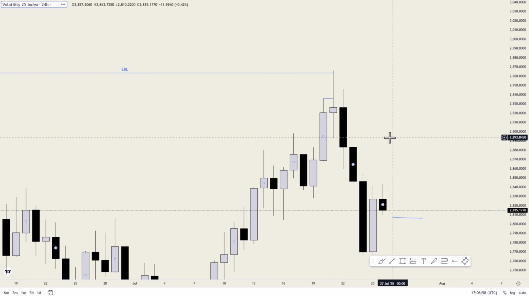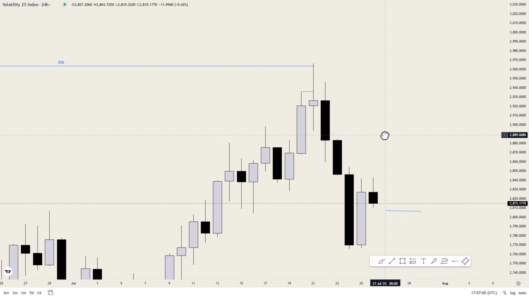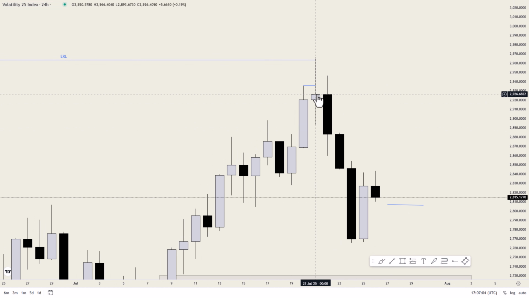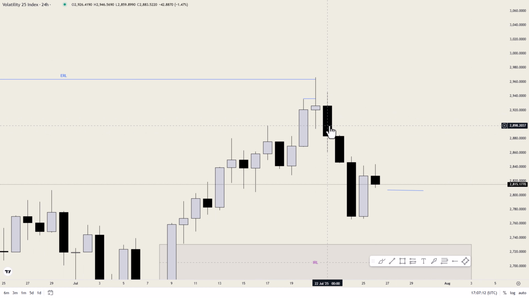Now this tells us that the reversal is about to happen. As soon as we see this, we need to identify on the 1 hour time frame, do we have a change in the state of delivery for us to know that this price is going to go bearish?